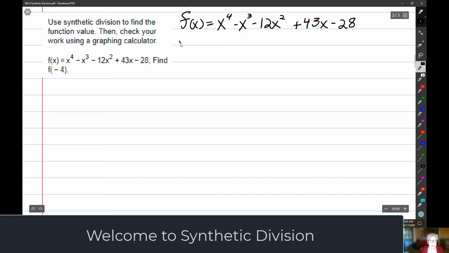And this is asking me to find f of -4. And so what that means is I put a -4 in for every x. And since it's negative, I have to use parentheses because I'm going to put this in my calculator.